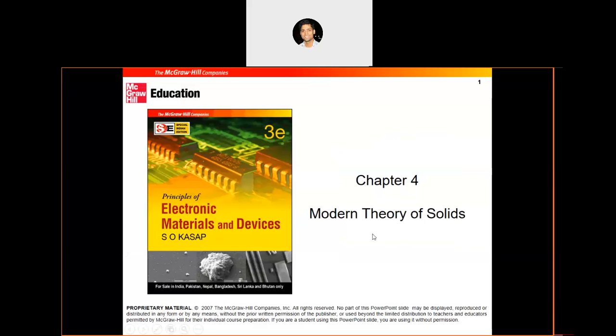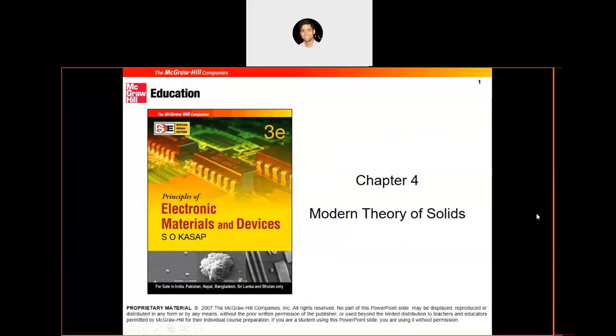So, what we have discussed so far, we have actually taken into account only the classical nature of electrons. By classical nature, what we understand is electrons will follow Newton's laws of motion, right? That is the underlying assumption through which we discussed whatever we have discussed so far in chapter 2 with respect to electrical conduction as well as thermal conduction.